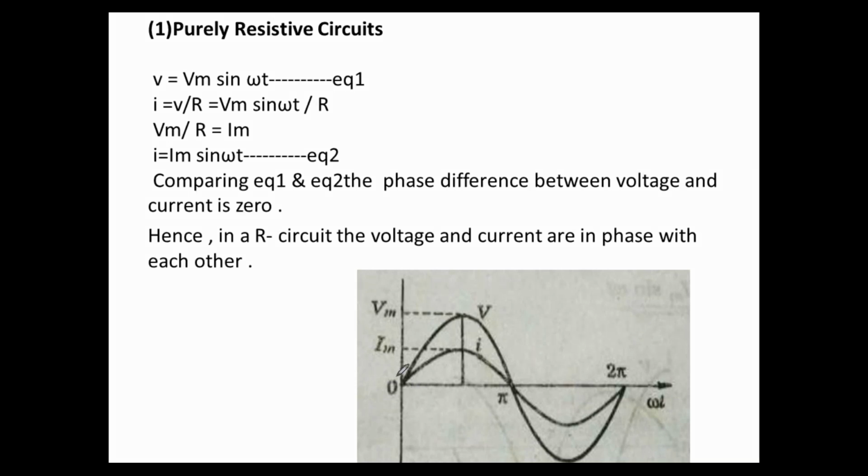That is, the zero crossing points of V and I cross the x-axis at the same instant of time. Voltage and current in a resistance are said to be in phase.